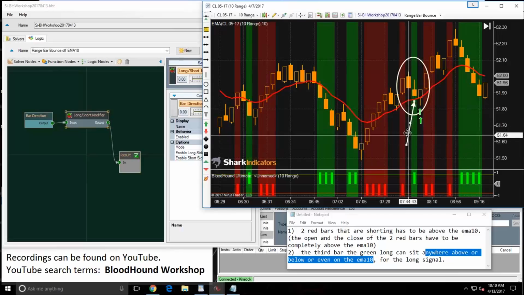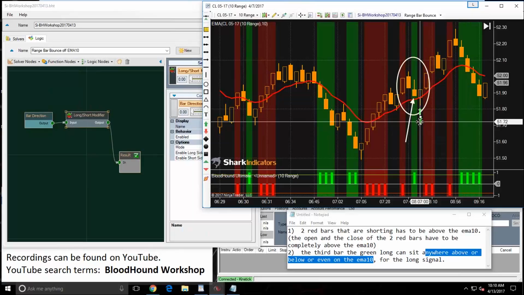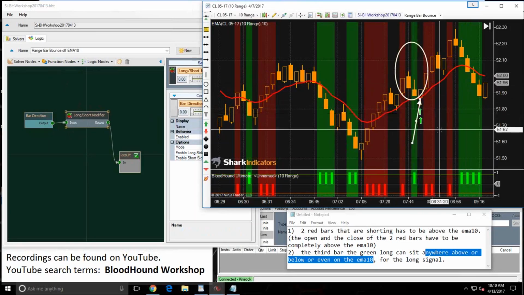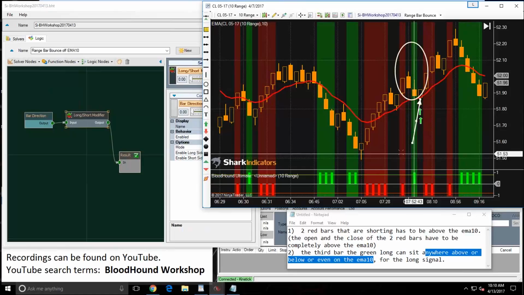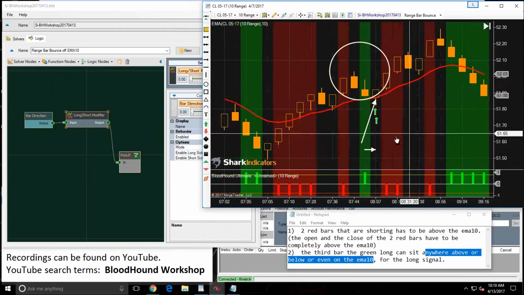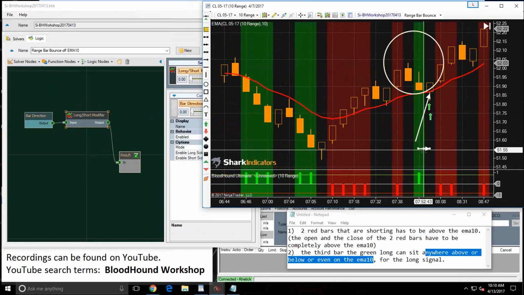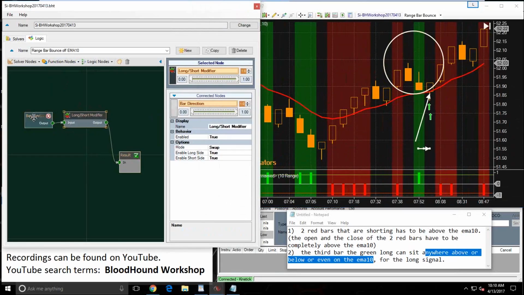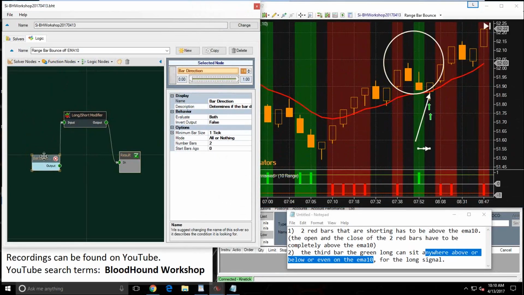And if we notice, the long output is on the down bar, but what we want is a long signal on our reversal bar there. So we need to take this long output and shift it over one bar. The way we can do that is in the bar direction solver.